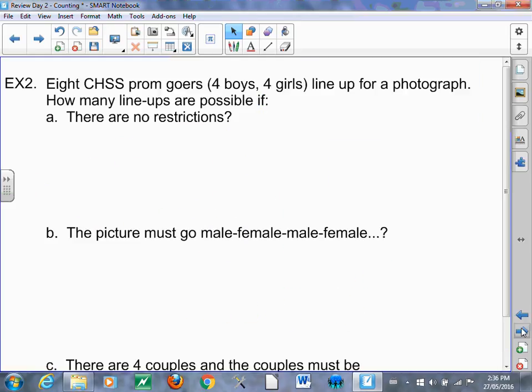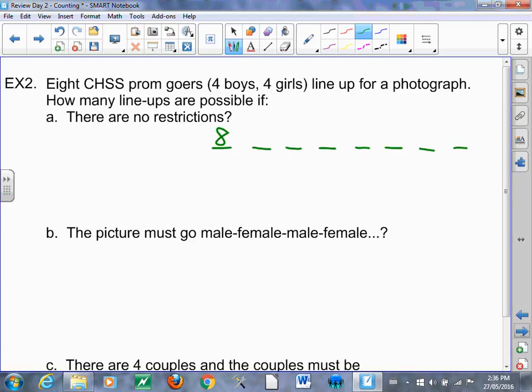So we've got 8 CHSS prom goers, 4 boys and 4 girls, lining up for a photograph. How many lineup arrangements are possible if there are no restrictions? Well, we've got 8 people lining up. Whoever we pick first, there are 8 choices. Then one person has to be there, so the next person in line has 7 choices, then 6, 5, 4, 3, 2, 1.